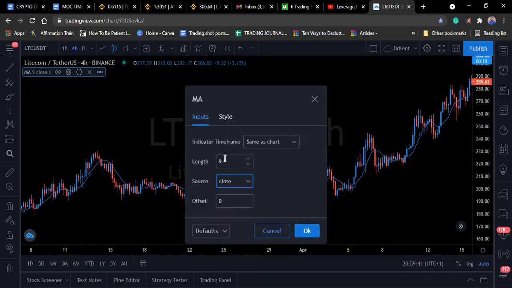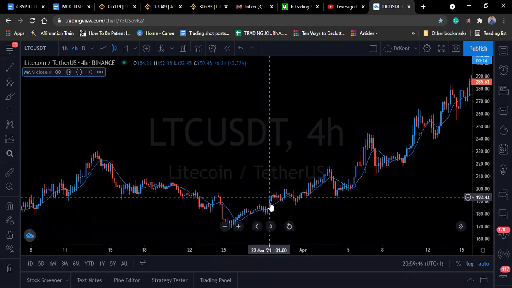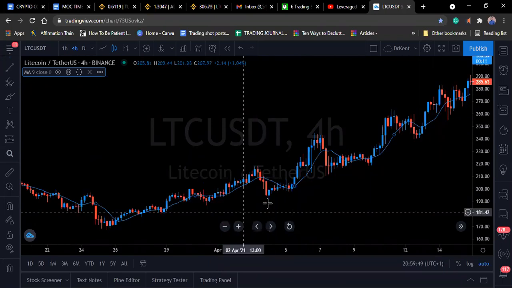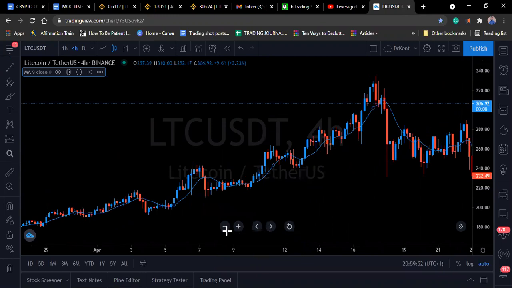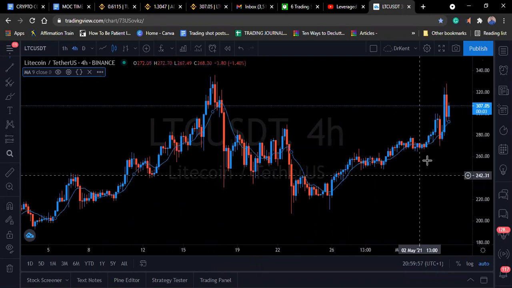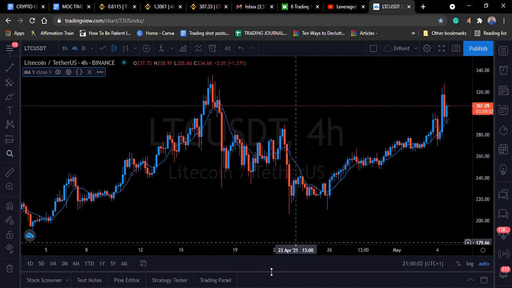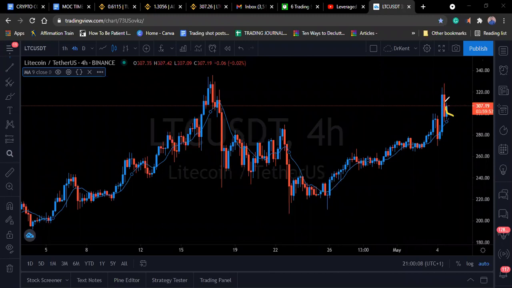So what this 9 means is that it calculates the closing point of the last 9 candles. For instance, if we are calculating the 9 moving average, we will take each of these candles. This is the first one, the one that just formed. This is the second one, 2, 3, 4, 5, 6, 7, 8, 9.